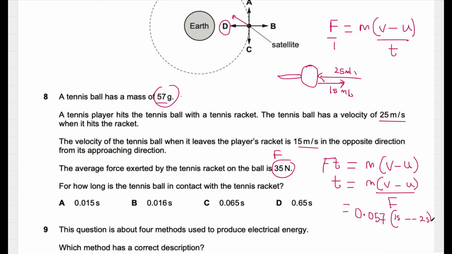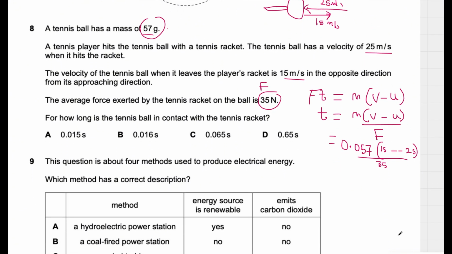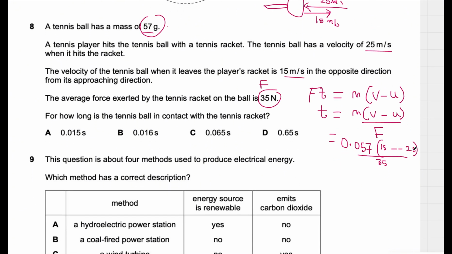The force is 35 newtons. So 15 plus 25, you get 40. So you say 0.057 times 40, divided by 35.